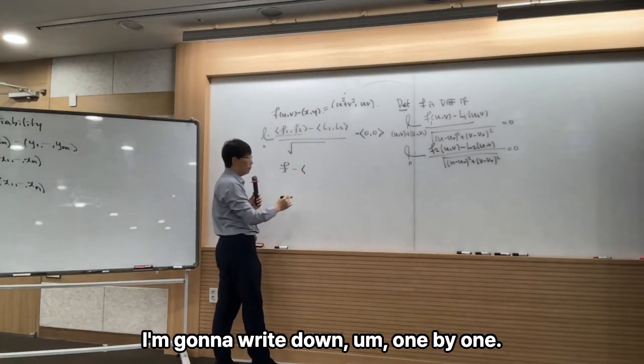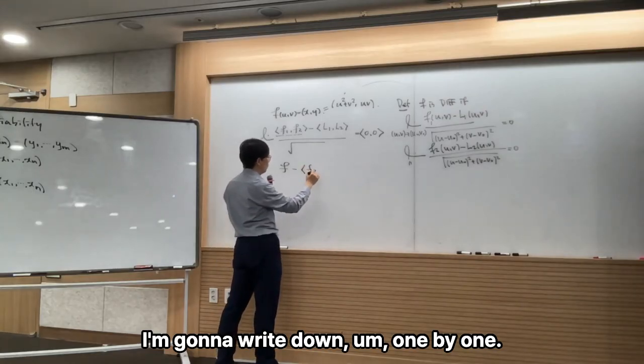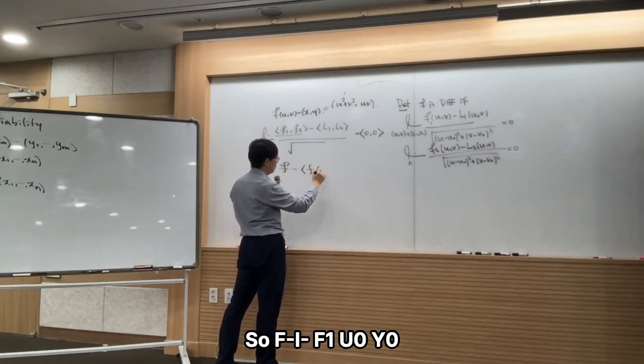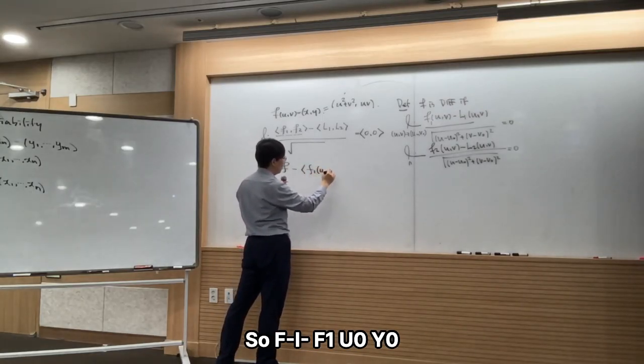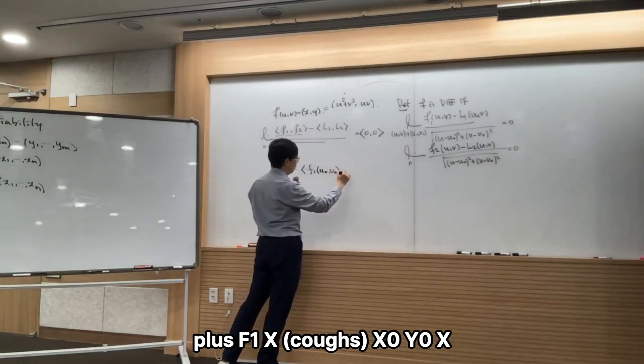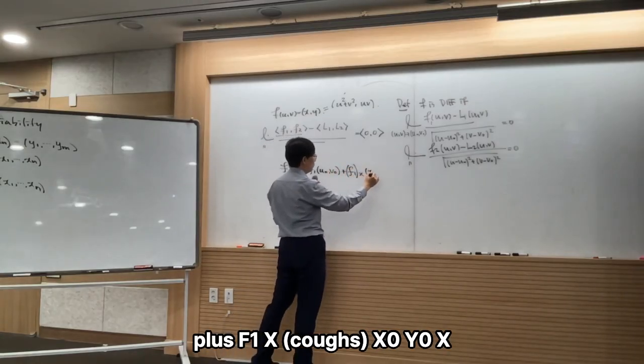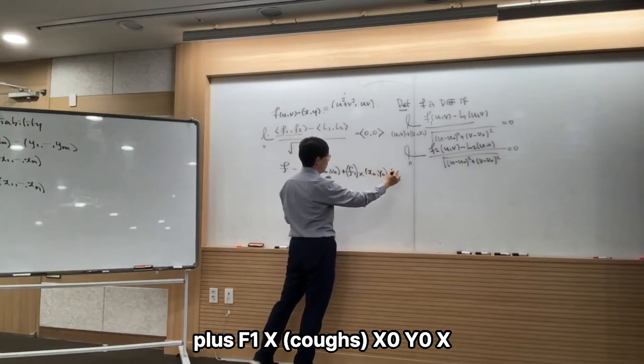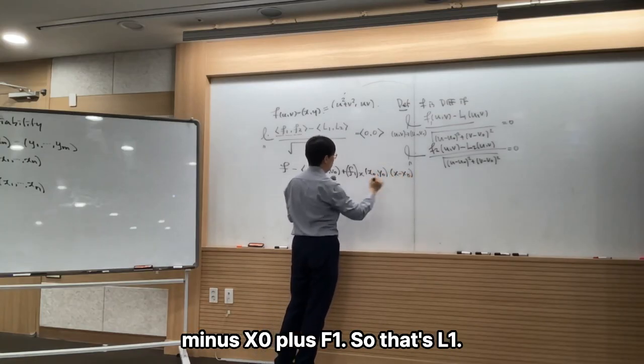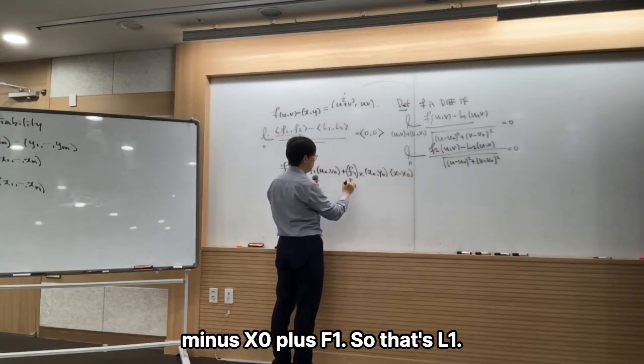I'm going to write it down one by one: f1(u0, v0) plus f1 partial at (x0, y0) times (x minus x0) plus f1 partial times (y minus y0).